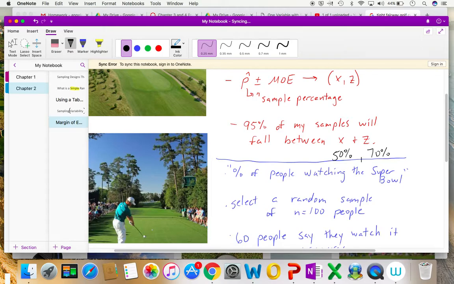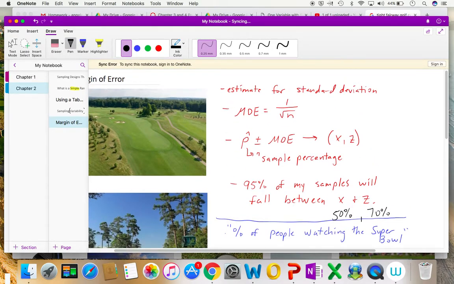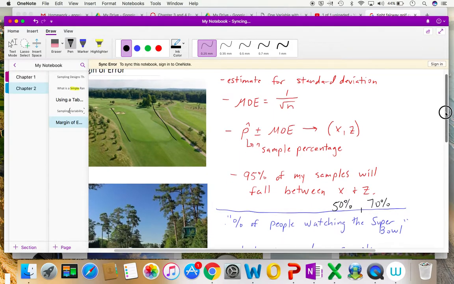So what that tells me is if I were to conduct this sampling process 99 more times, 94 of them, in addition to the one I just did, the sample proportion should fall between 50% and 70%. The other 5%, those are going to be the ones that fall outside the fairway. You guessed it, right? They're going to fall on the cart path or in the trees or in the sand pit over here, right? And that's what we want to try and stay away from, okay?